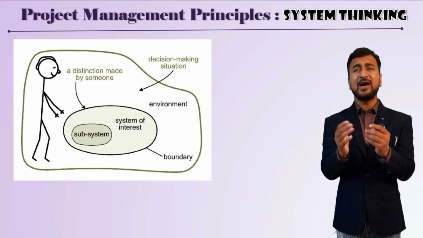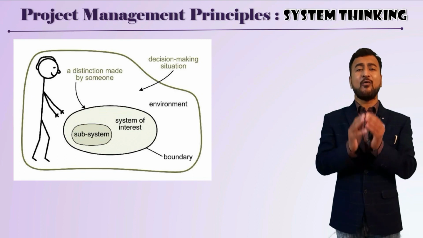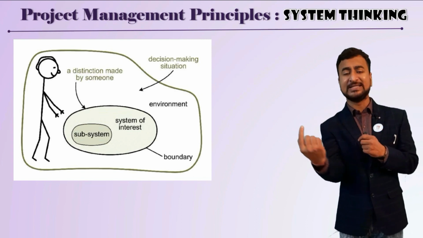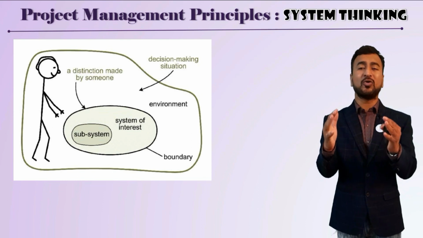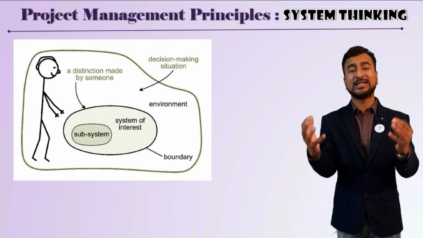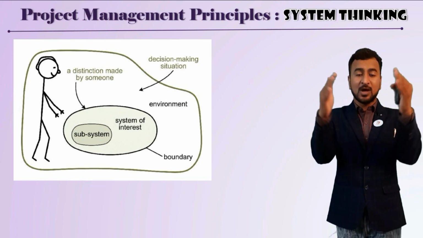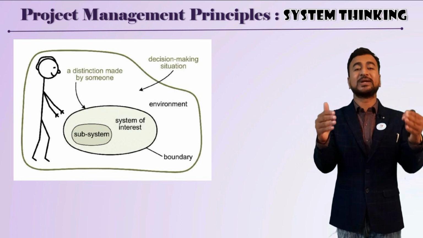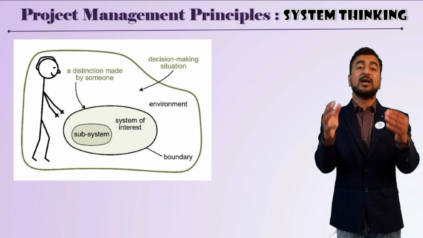So as a project manager, if you have a very myopic view that this is your project boundary, and you are not seeing beyond that boundary, and you are assuming that you just need to focus on delivering that particular project.